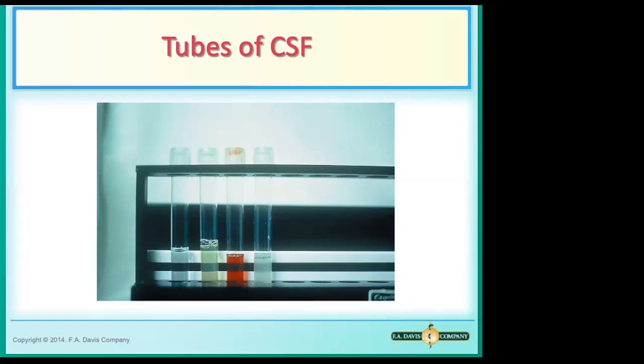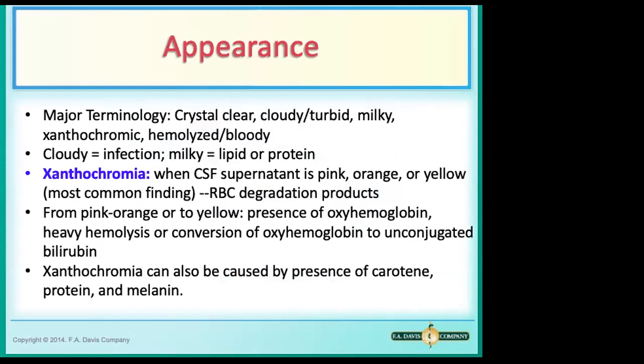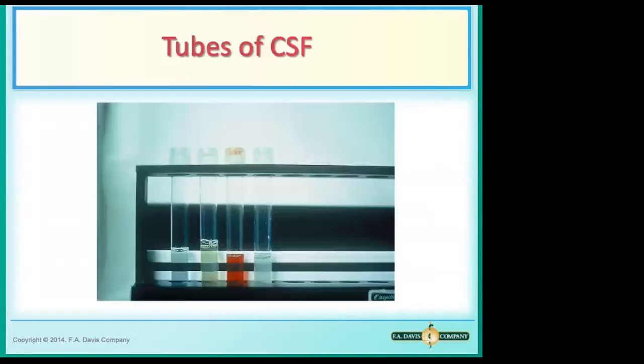The variety in color that you see in xanthochromia comes from the length of time the blood has been getting degraded, so it can vary from pink to yellow, all the way to probably an orange color. Sometimes it could also be the presence of bilirubin, which is a pigment that gives it that color. Or again, like I said before, carotene, protein, or melanin.